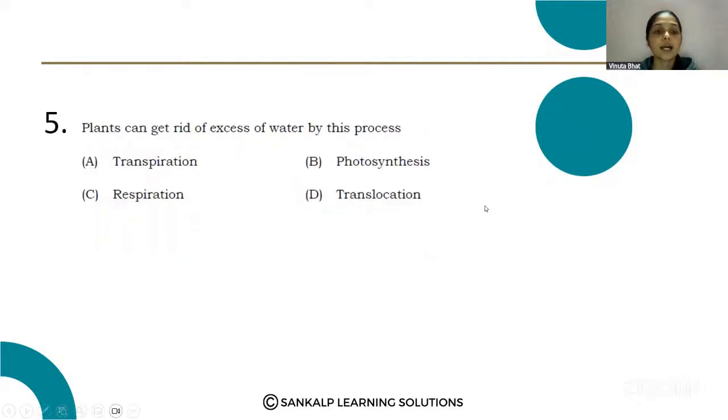Next question. Plants get rid of excess of water by this process. Option A, transpiration. Option B, photosynthesis. Option C, respiration.